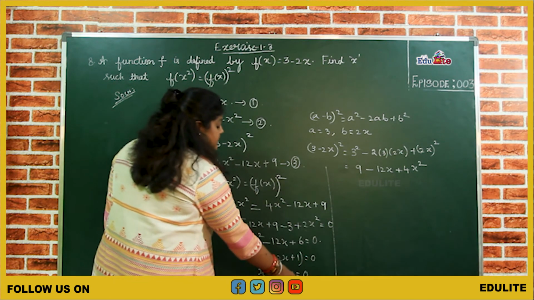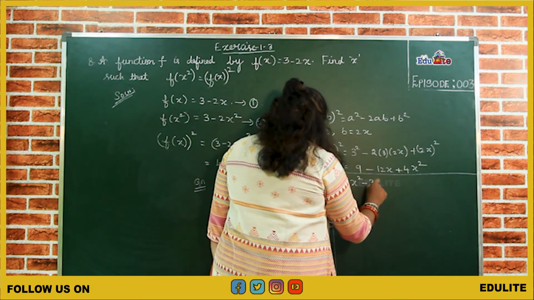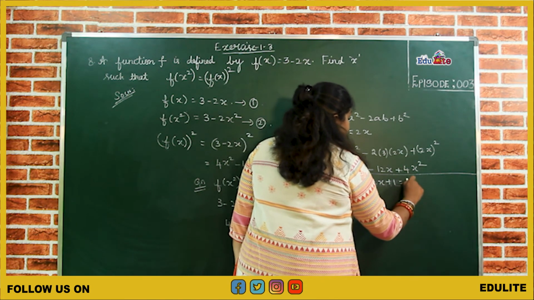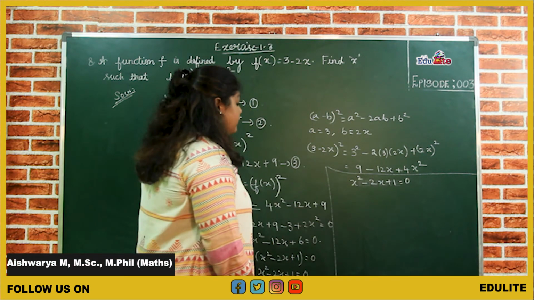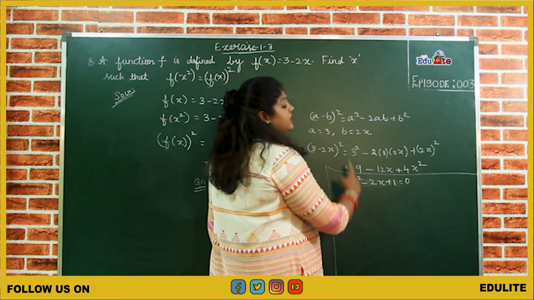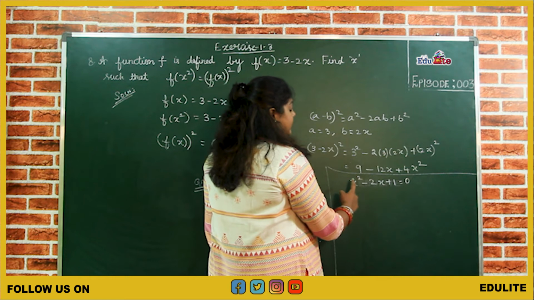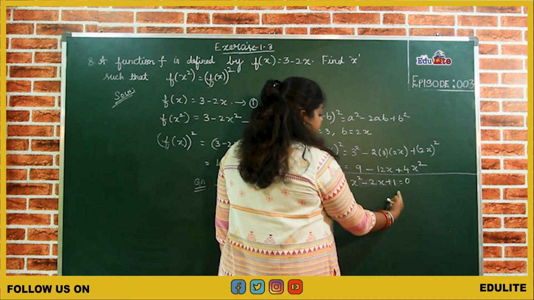Now factorizing this, we will get the value of x. x square minus 2x plus 1 equals 0. For factorizing this, first we have to check whether this is a quadratic equation. Yes, it is a quadratic equation. A quadratic equation means it starts with a square term, an x term, and a constant term.